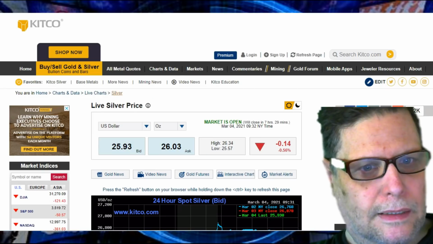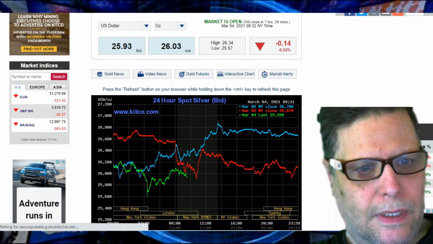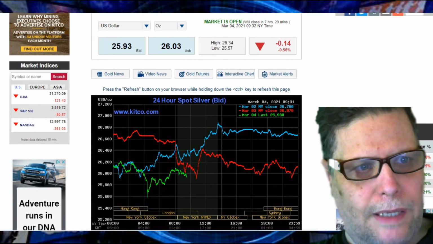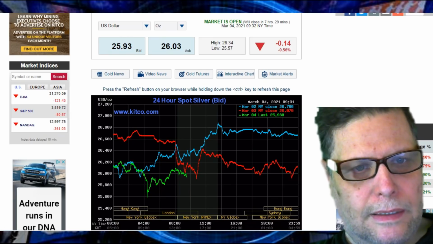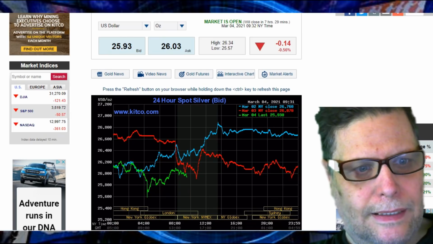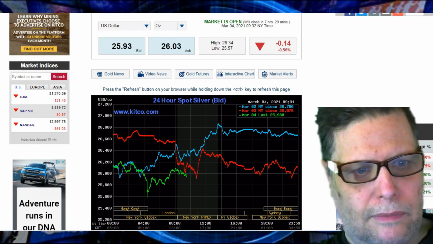Let's get in there and take a look at the silver price today. Silver price is $25.93. It's down 14 cents on the day so far. But it's not below its range. You see these 3 days, the blue line is 2 days ago, the red line's yesterday, and the green line is today.